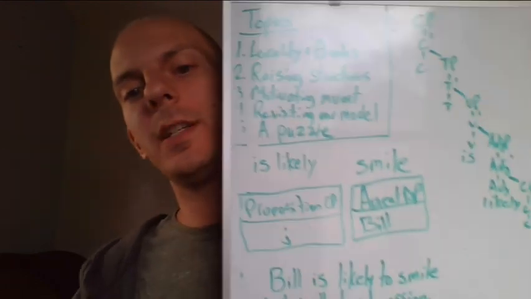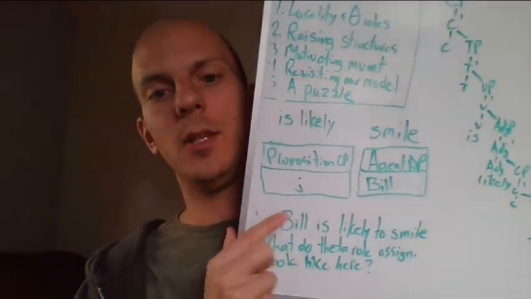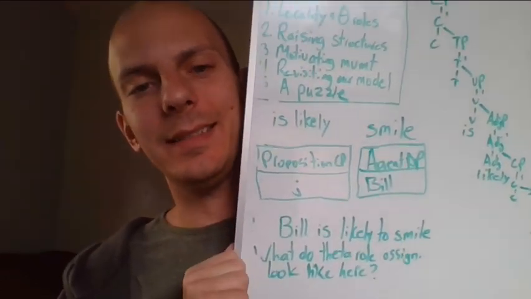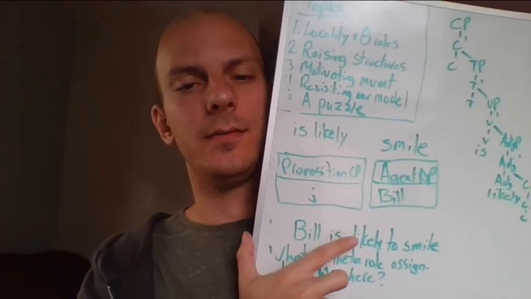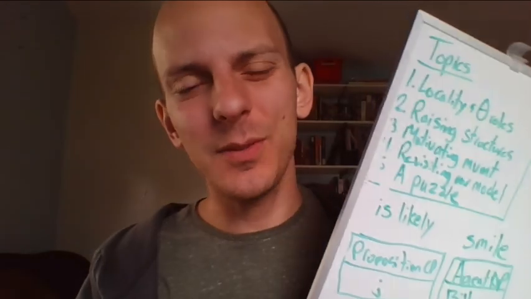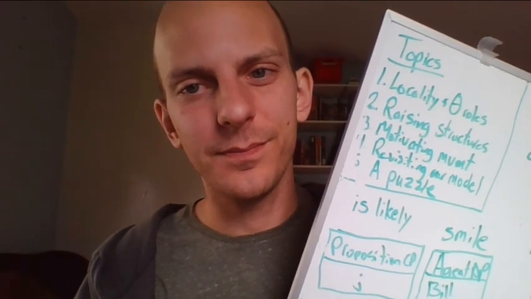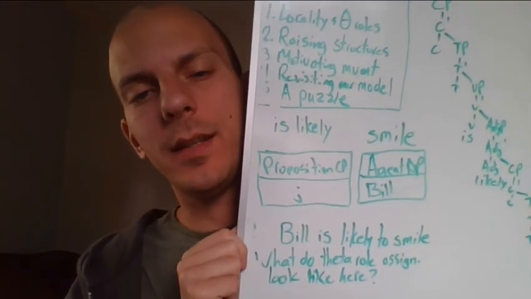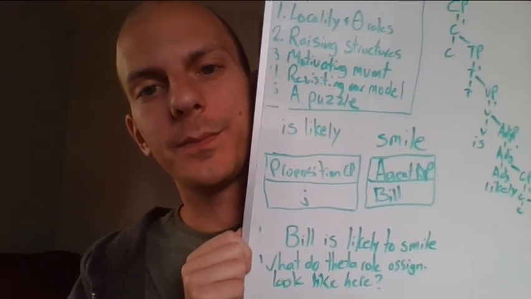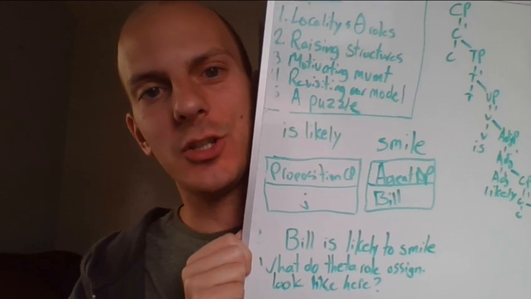So for us, it's a little less straightforward because the propositional CP, Bill to smile, isn't contiguous. It's on either side of likely. So we have some weirdness going on there. What else does this violate? What else is strange?